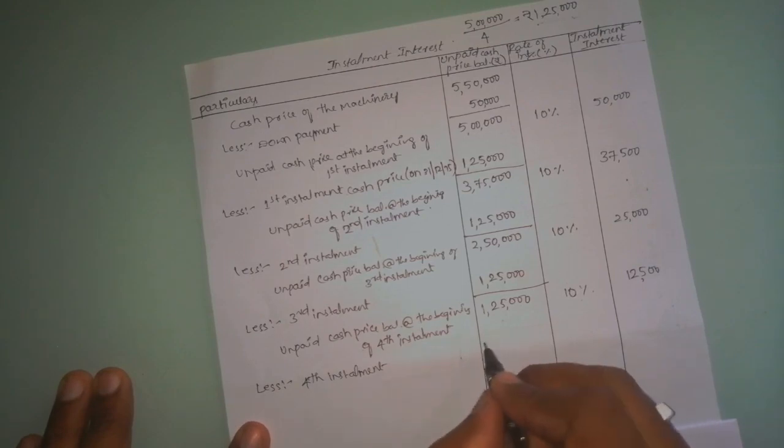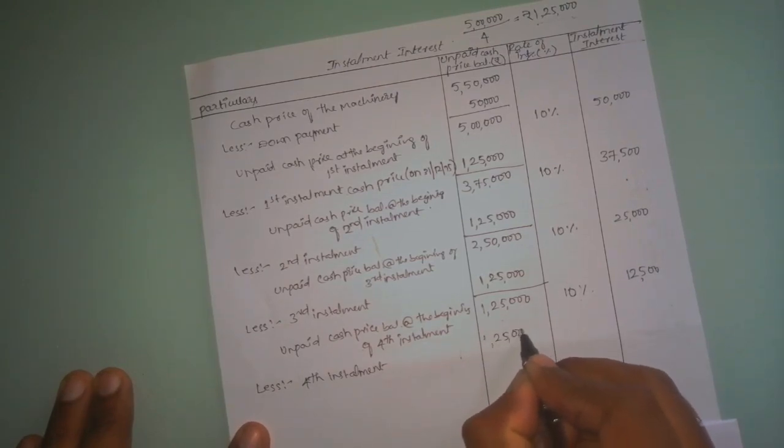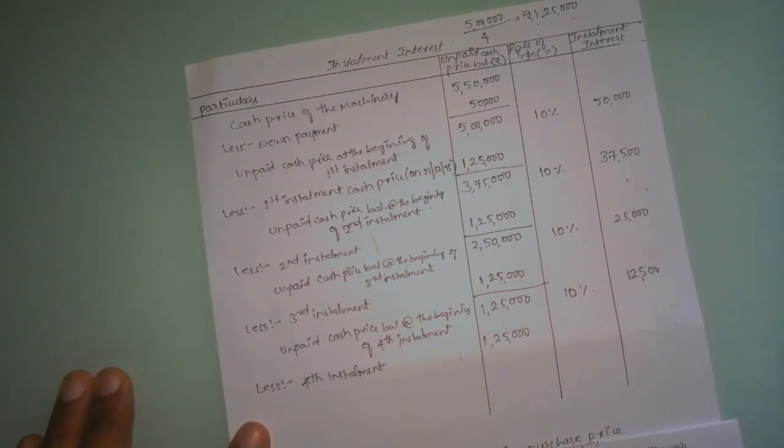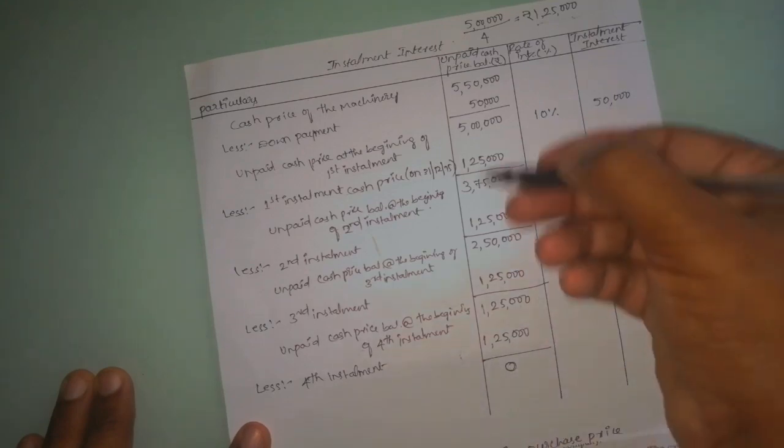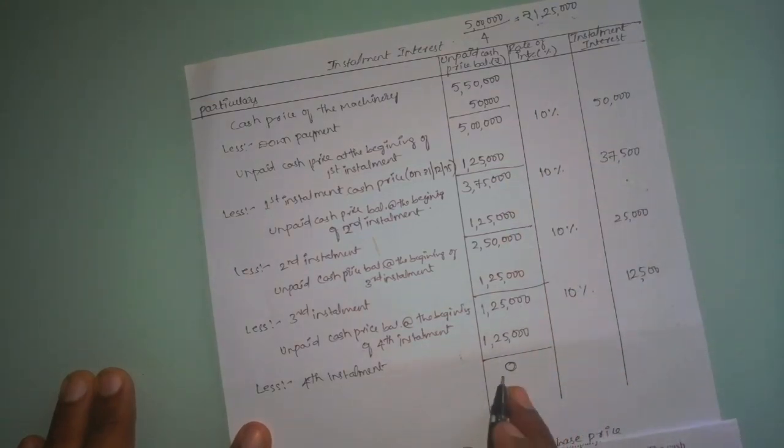How much? 1,25,000. So the cash price of the machinery comes to 0 after paying all the installments.